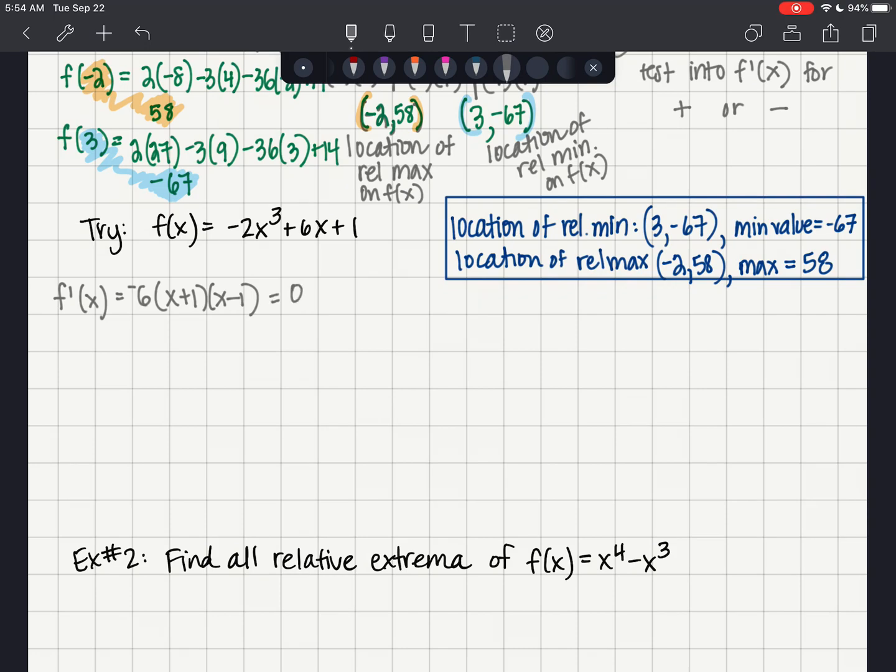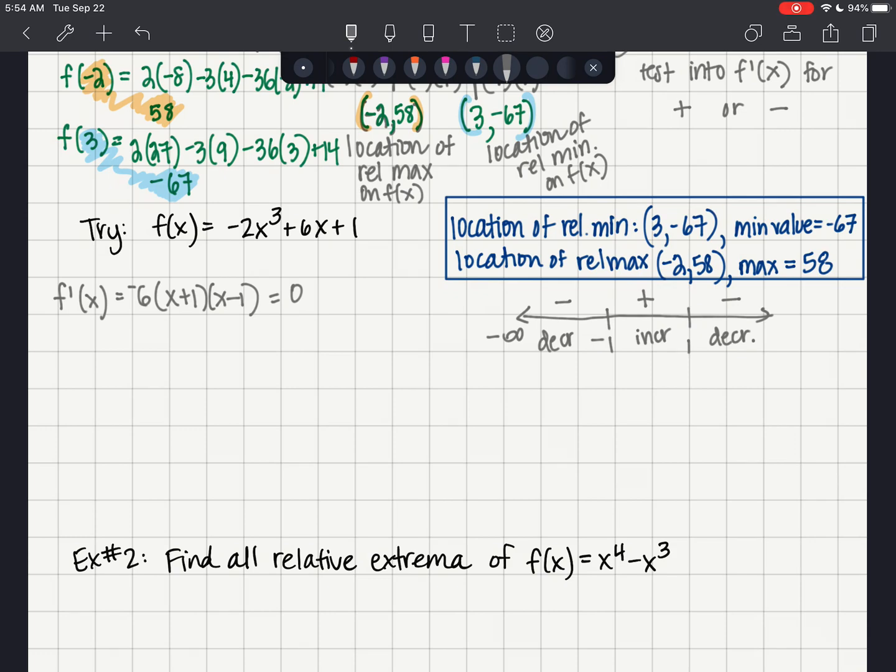You set that equal to 0, and we get negative 1 and positive 1. And then we test our intervals, and we get a negative, then we get a positive, and then we get a negative. So this is decreasing to increasing, back to decreasing.